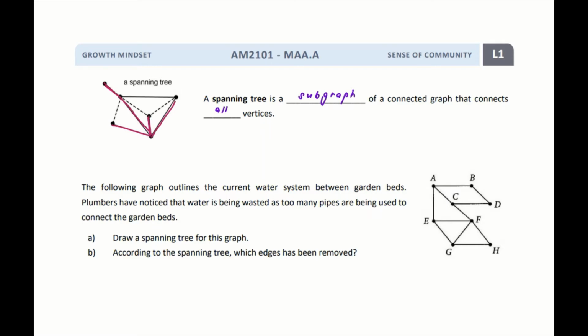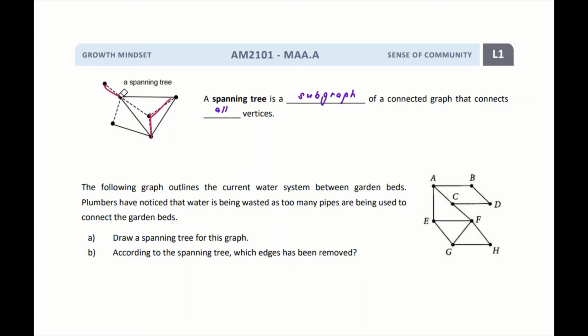As you can see here, the one with the dotted line is a spanning tree. It's a subgraph of this connected graph. Subgraph meaning that you cannot add in any other edges, so you are going to use exactly what is given here. It's a subgraph that connects all the vertices here.